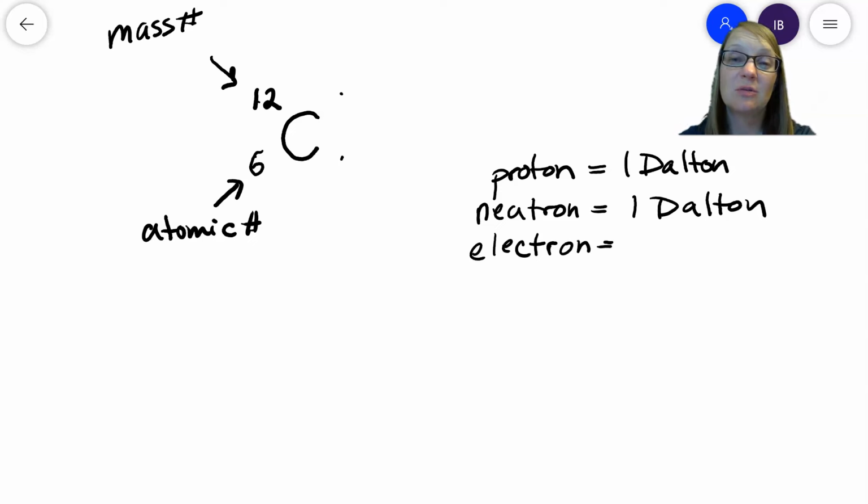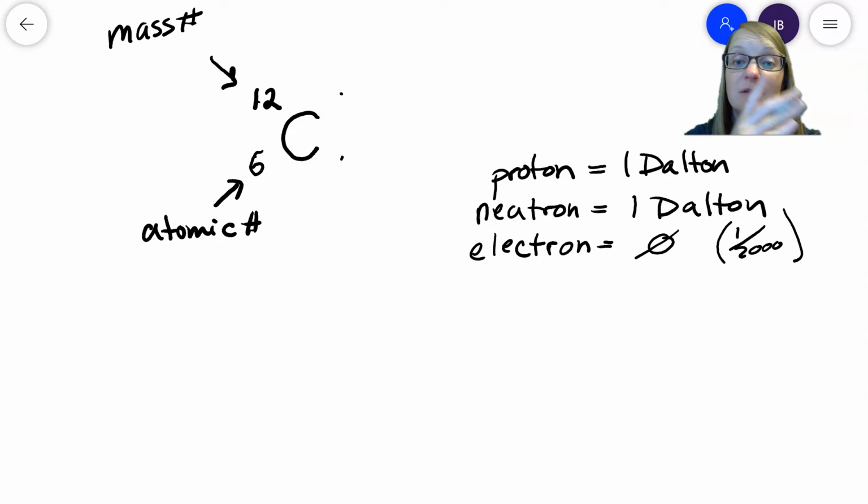So we can really just say an electron's mass is essentially insignificant, and we're just going to ignore the electrons, even though each is about 1/2000th of the mass of a proton or neutron. Okay, with this information, let's see if we can calculate the mass of this atom of carbon-12.